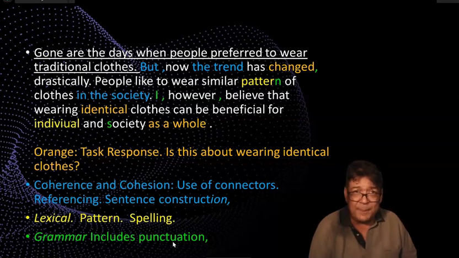Why go there? Okay, now what do these colors mean? Well, orange is task response, okay? And in specific, you have to show in the introduction that you understand what the question is about. The question is not about wearing identical clothes. Similar clothes and identical have different meanings.